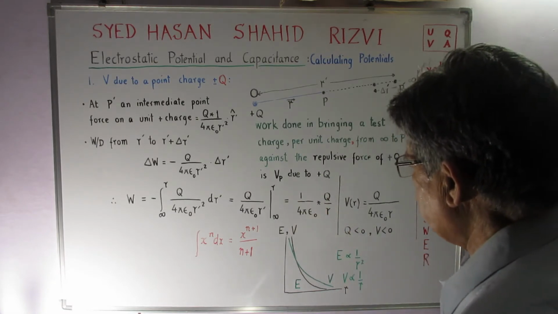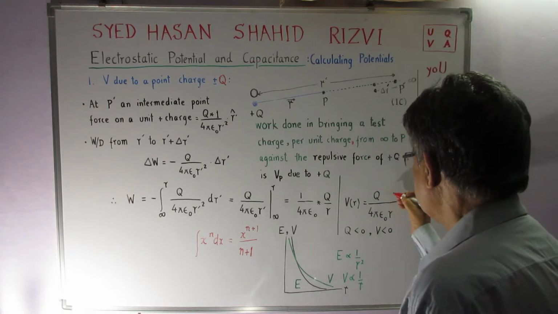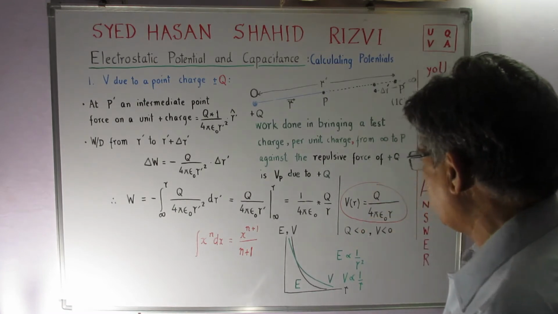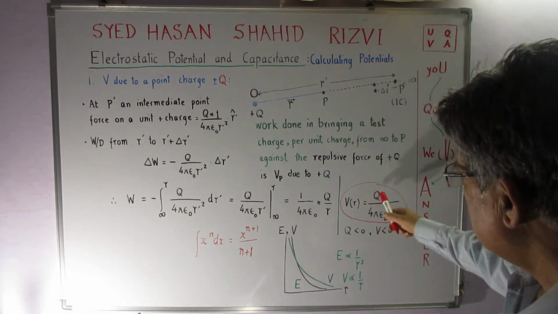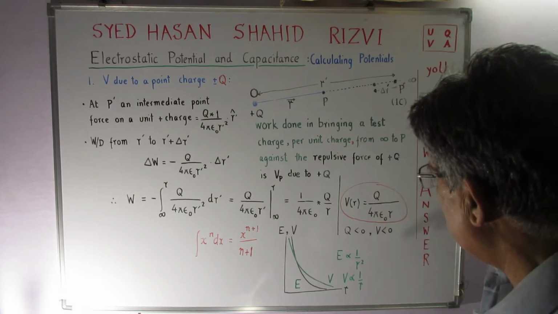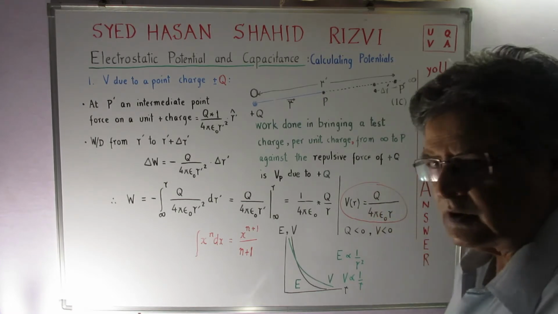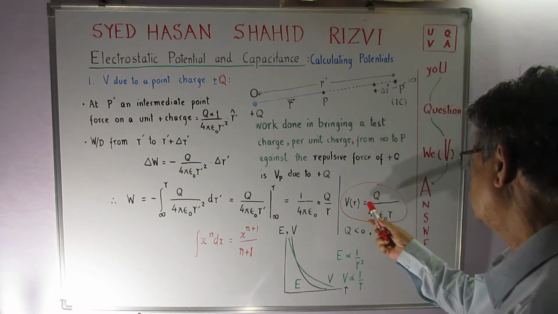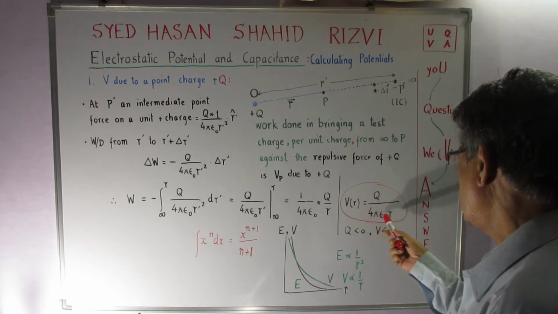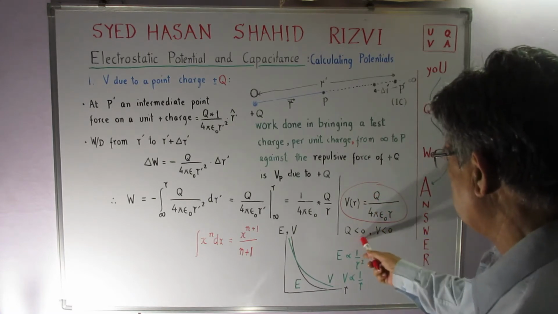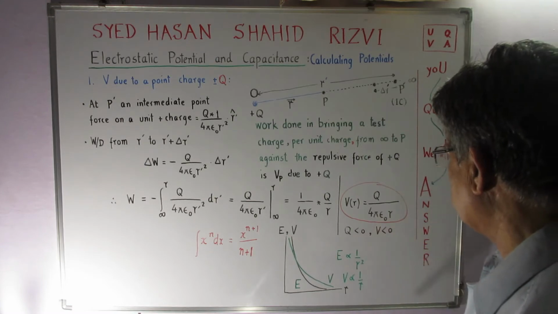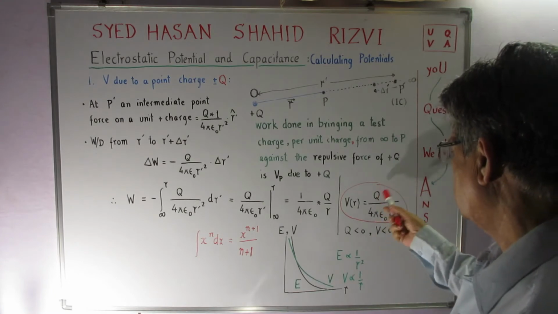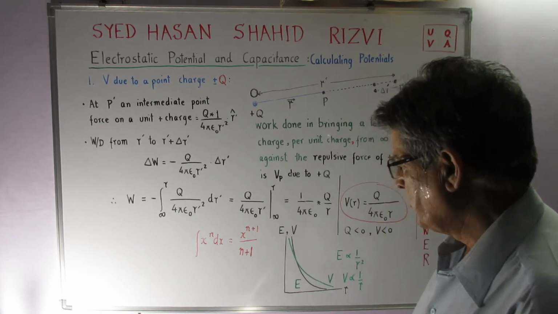So I can say that the V(r), as we wanted to calculate, for a charge plus q is equal to plus q upon 4 pi epsilon naught r. Of course, if this is minus q, then this will become minus q upon 4 pi epsilon naught r. So if q is less than 0, V will also be less than 0, but right now the potential is more than 0 because q is more than 0.